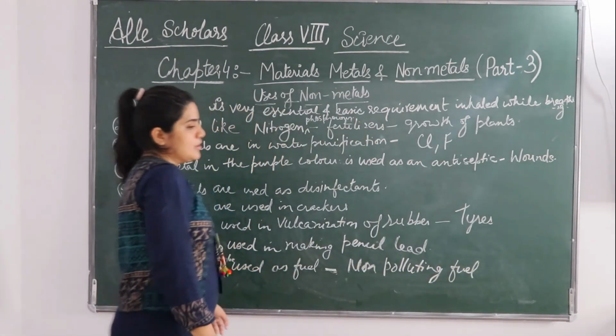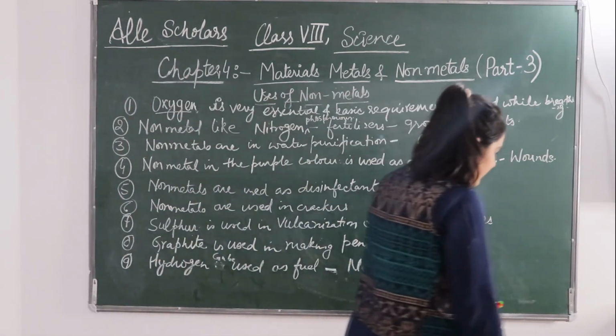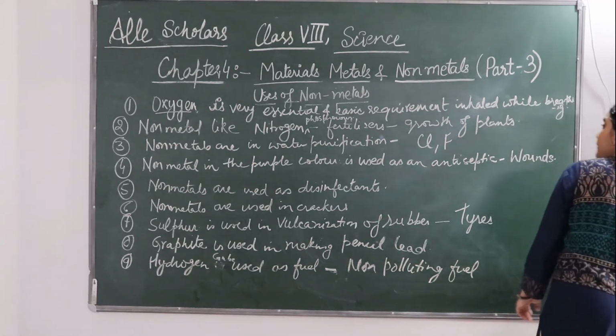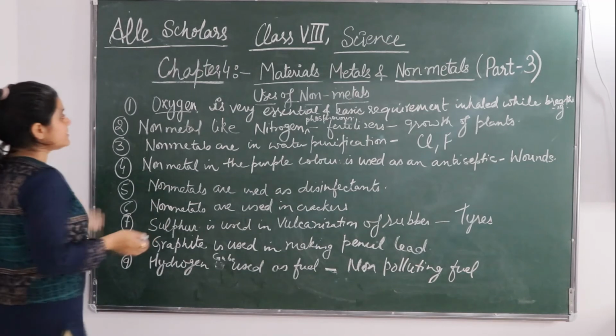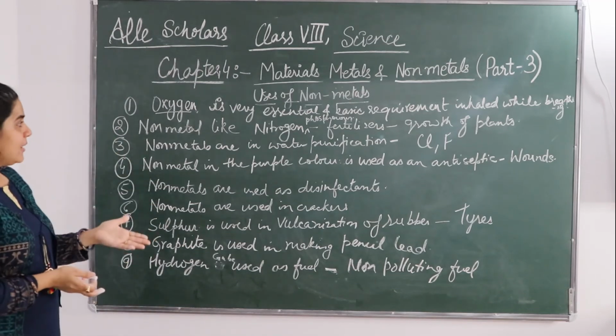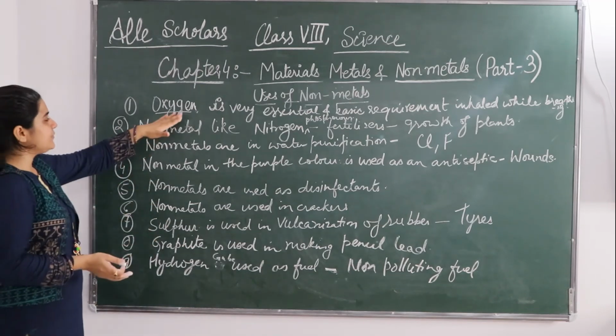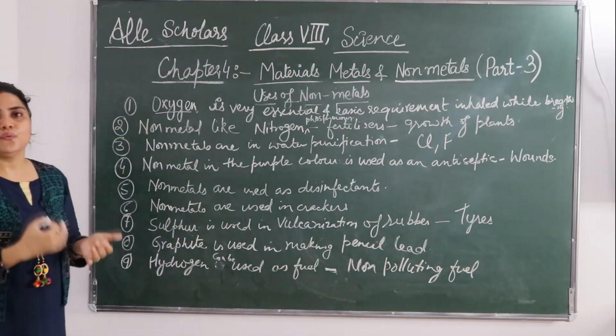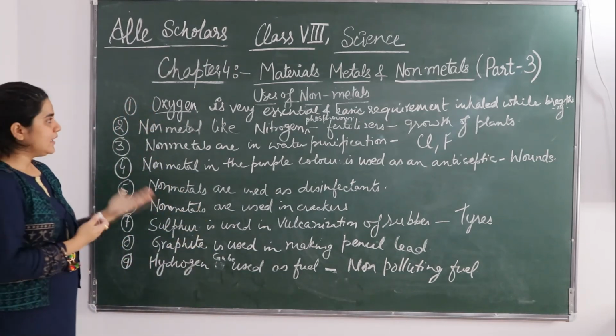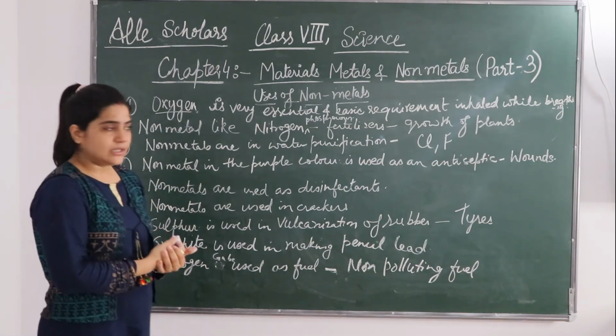Okay, so here we have seen about metals. Now if you see about non-metals, you will get to know that non-metals are even more essential than metals, because the first very important one is oxygen. Because of that we are living today. If there were no oxygen, we would die.